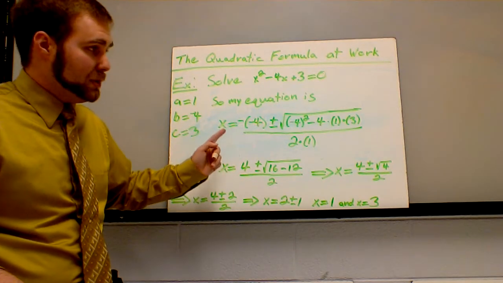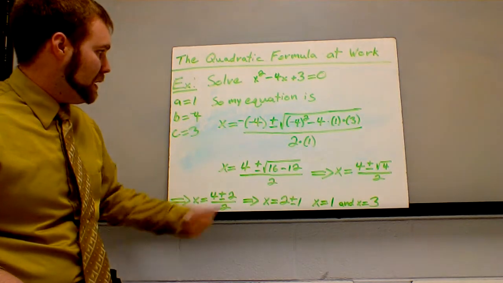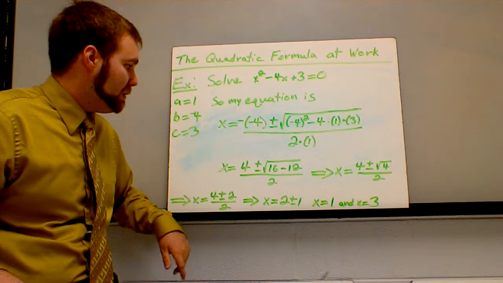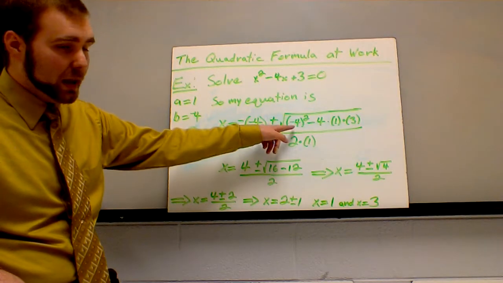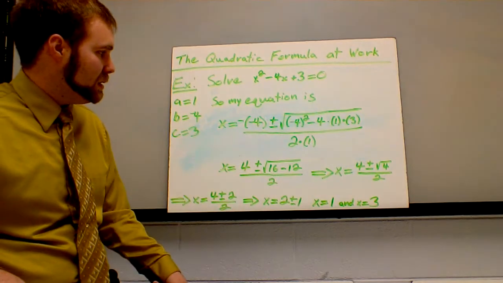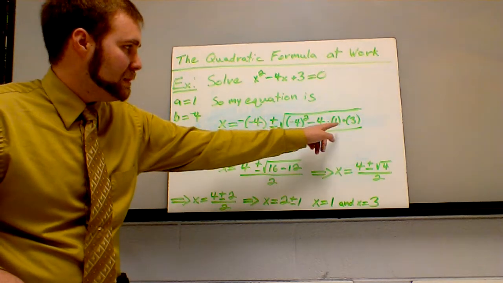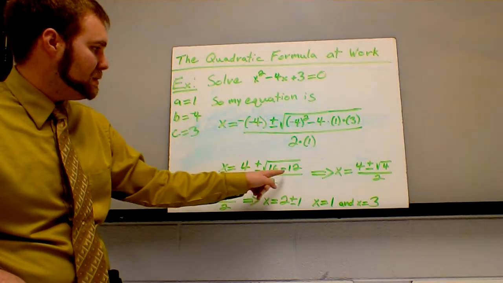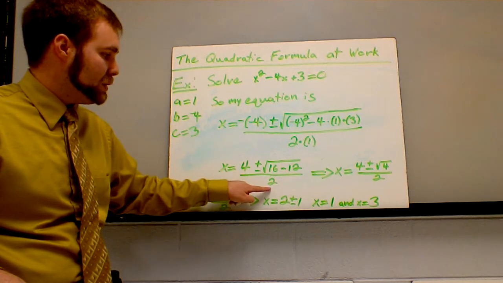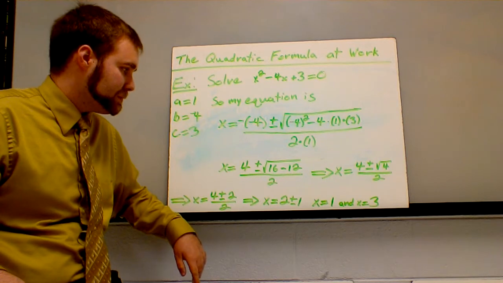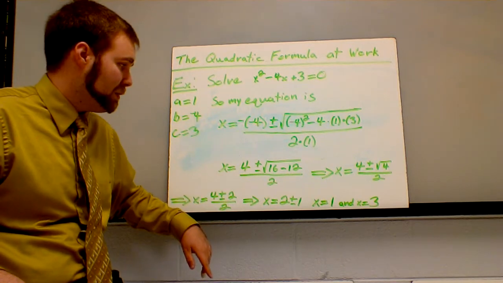So I just need to multiply basically all of this out. Multiply negative 4 by negative makes positive. Plus or minus negative 4 squared is 16. And then 4 times a times c, that just leaves me with negative 12. And then all over 2a is just 2. So then I just simplify down from here.